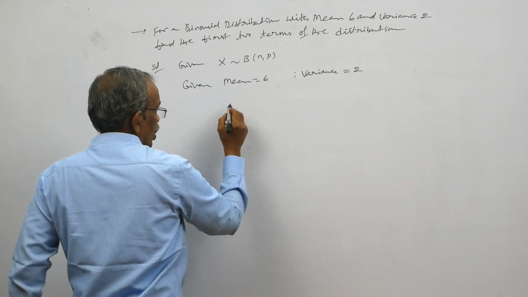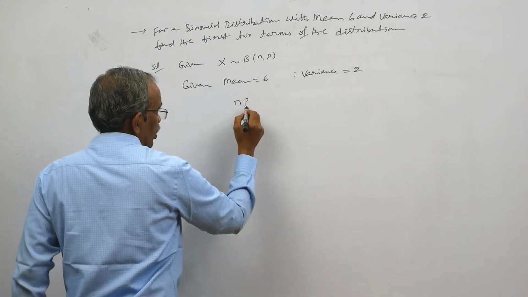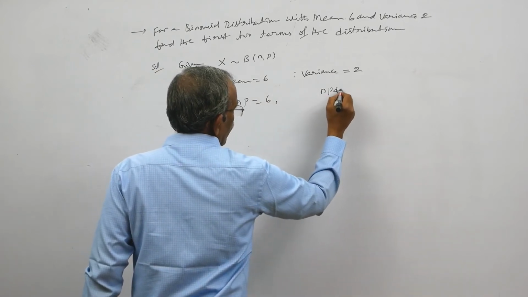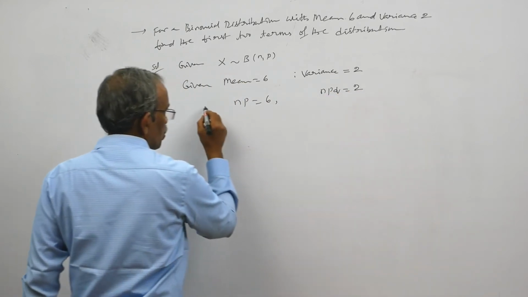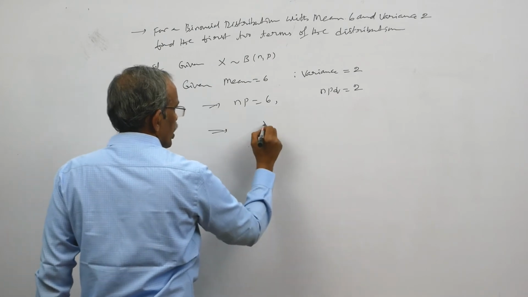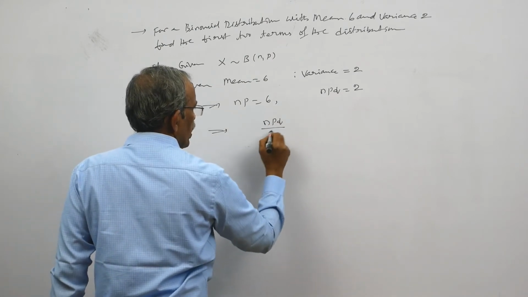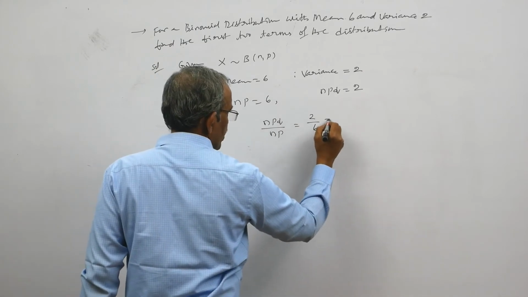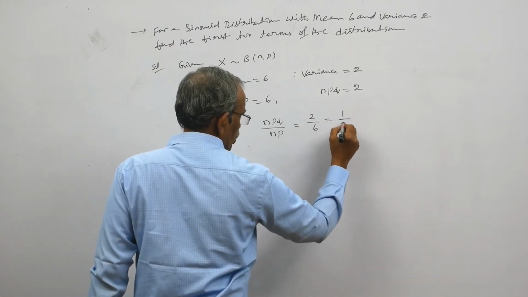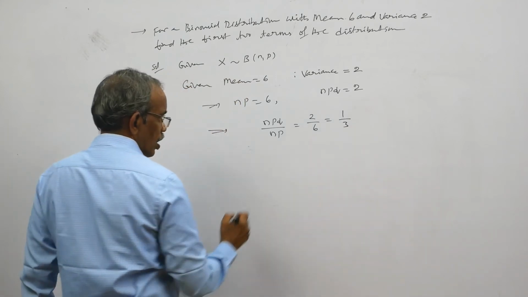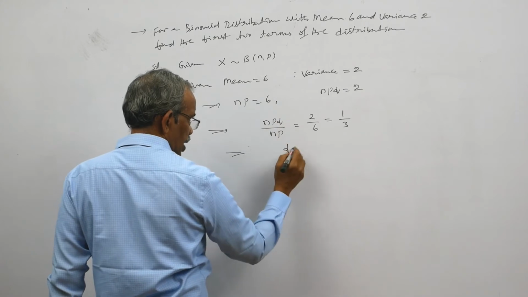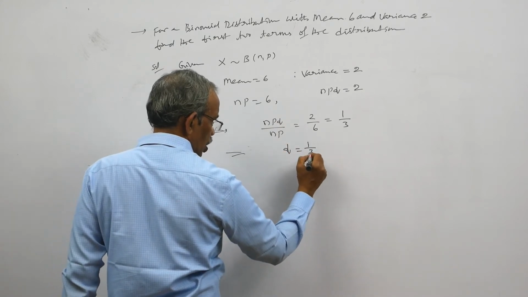Mean means np is equal to 6, variance npq is equal to 2. That implies npq by np equals 2 by 6, that is equal to 1 by 3. npq by np cancels, q is equal to 1 by 3.